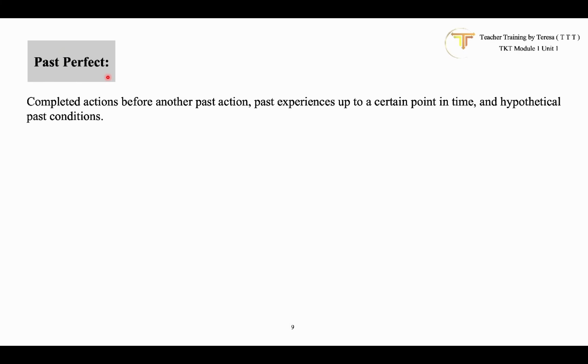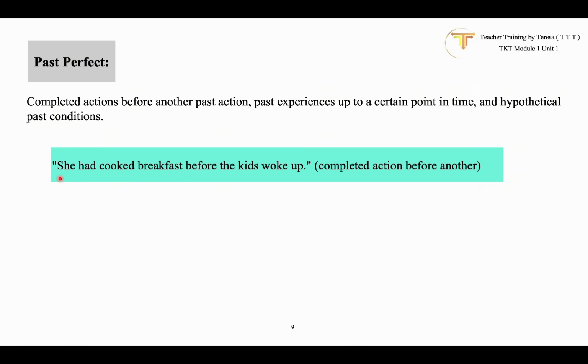Past perfect describes completed actions before another past action, past experiences up to a certain point in time, and hypothetical past conditions. Examples: She had cooked breakfast before the kids woke up.